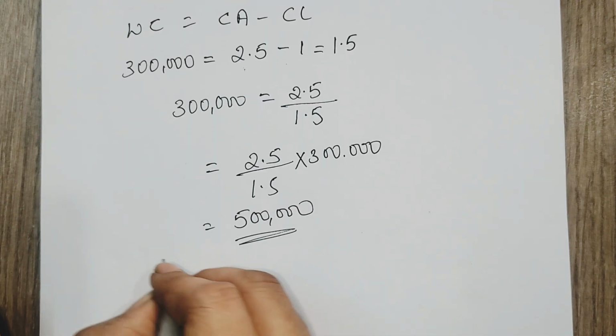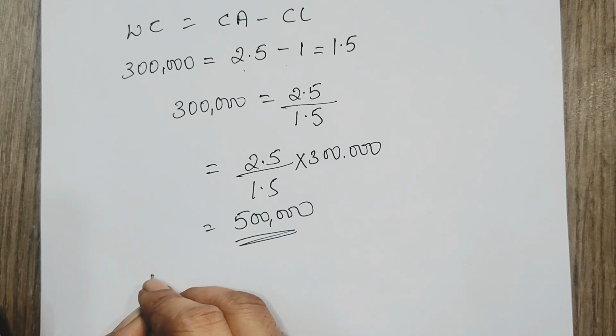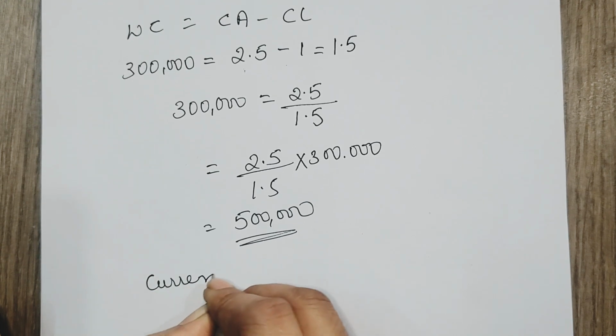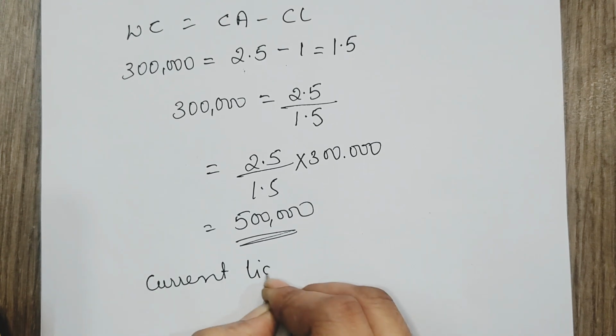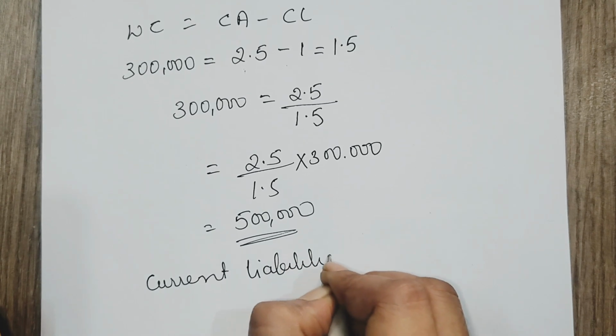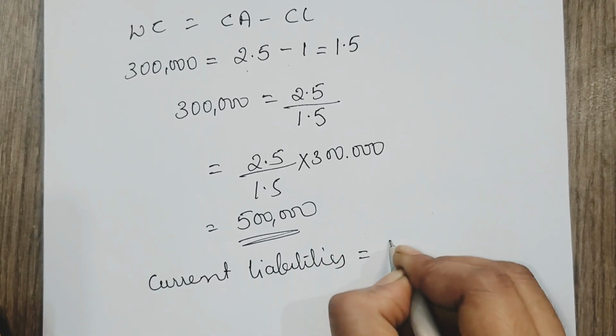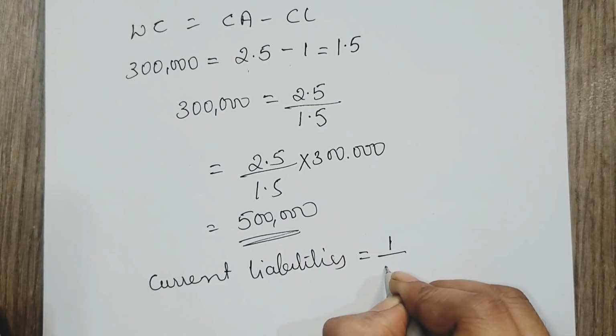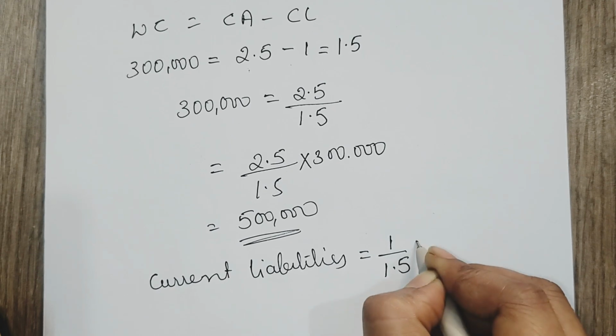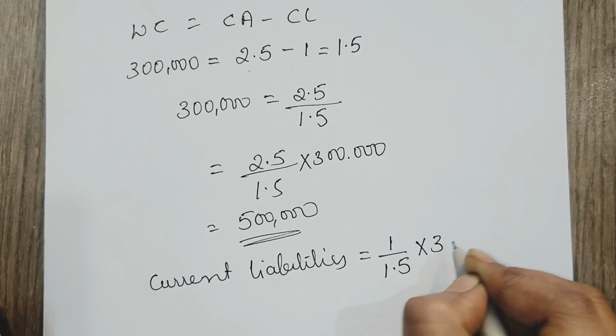What is our current liability? Current liabilities is equal to 1 divided by 1.5 into 3 lakh.